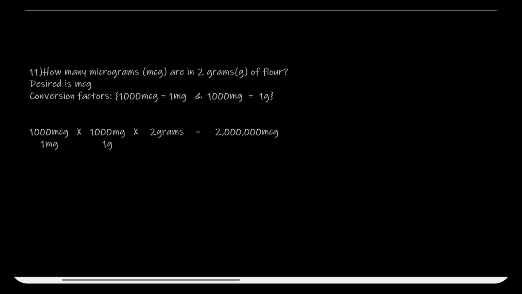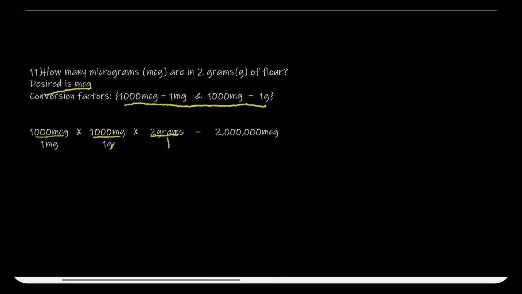Problem number 11. How many micrograms are in 2 grams of flour? Desired is micrograms. This is a 2-step conversion factor, which I have listed. We have 2 grams over the placeholder 1. We have 1,000 milligrams over 1 gram and 1,000 micrograms over 1 milligram.